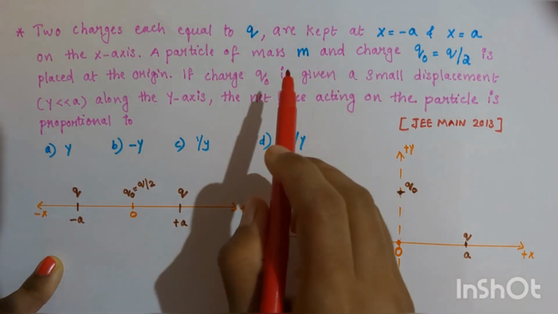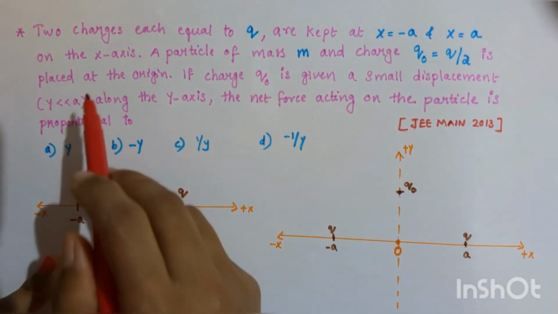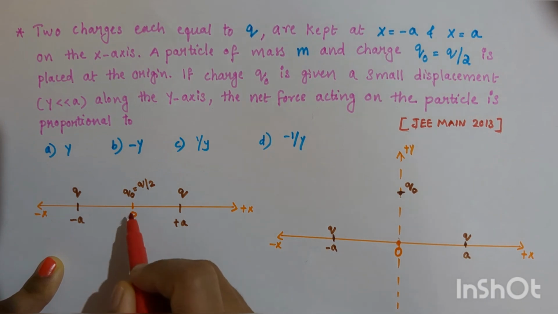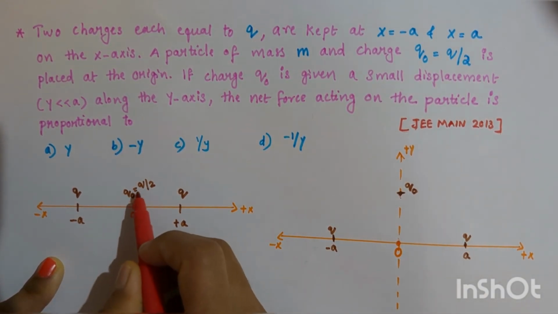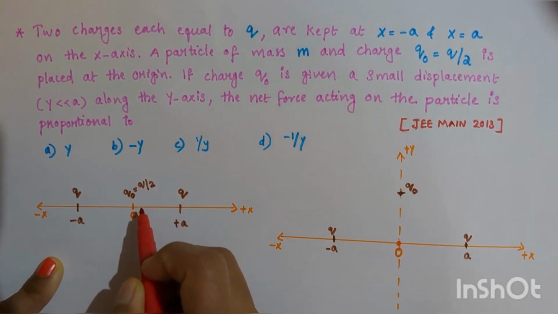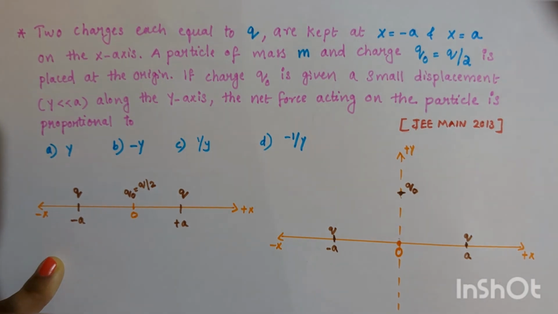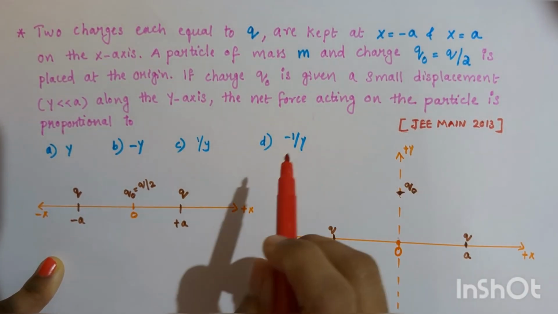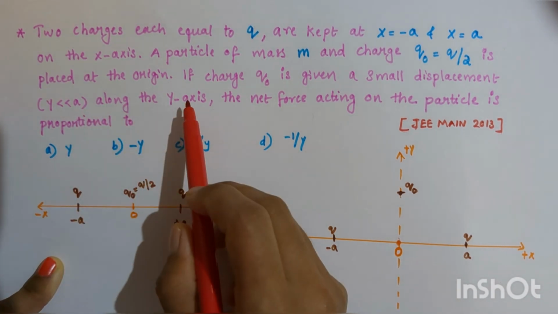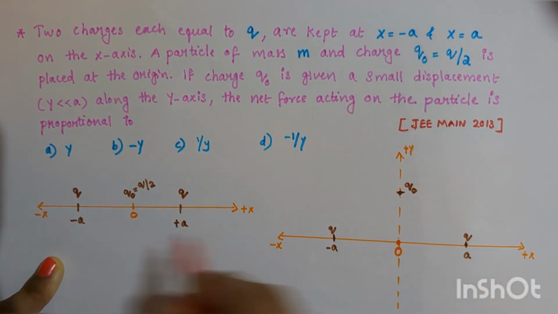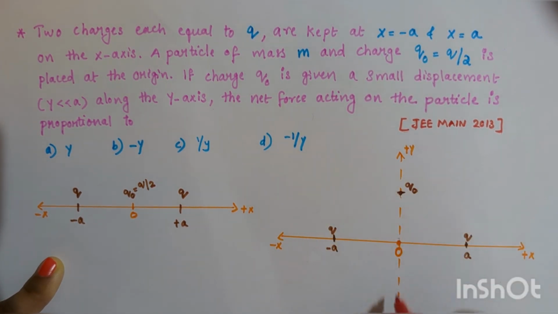A particle of mass m and charge q0 equals q by 2 is placed at the origin. You see this is the origin O, and there is a charge q0 equal to q by 2 at the origin. Now the charge q0 is given a small displacement y, less than a, along the y-axis. Here I have marked the y-axis as well.